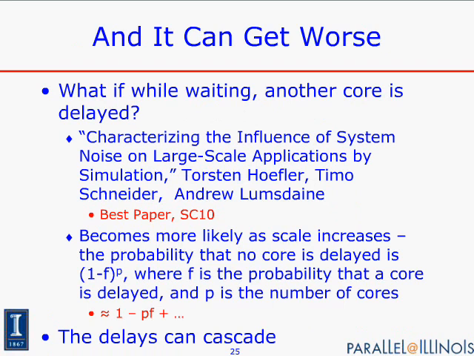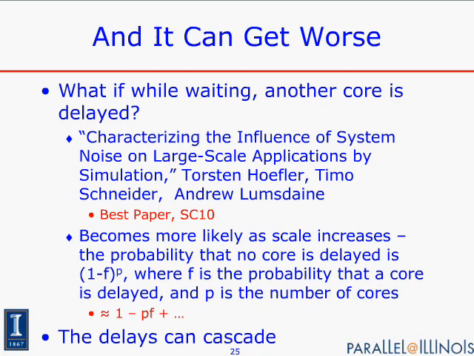There was a nice paper illustrating this at the supercomputing conference at SC10. In fact, it won the Best Paper Award. And you can also find this in the ACM Digital Library. And it shows that if you have an occasional delay sort of randomly across occasional processes, your system gets big enough, these delays can cascade so that you can suddenly lose literally orders of magnitude in performance.